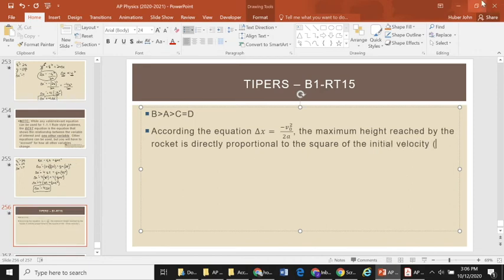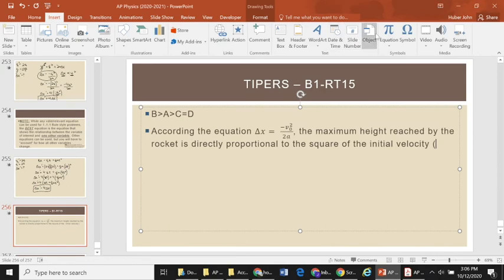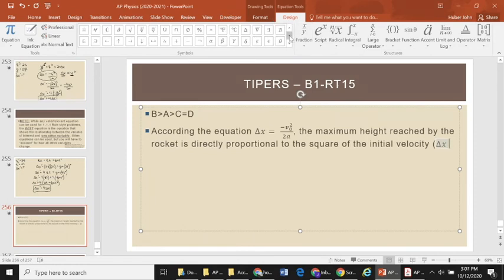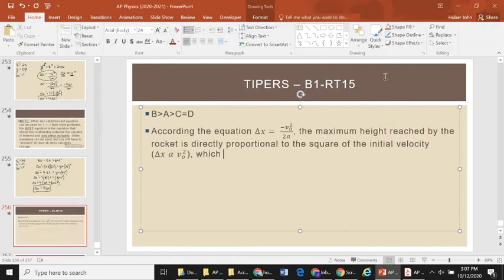And of course, you could say that, as we said before, by writing delta x, and then the Greek letter alpha, and then v naught squared, which means the larger the initial velocity of the rocket, the larger the maximum height will be.